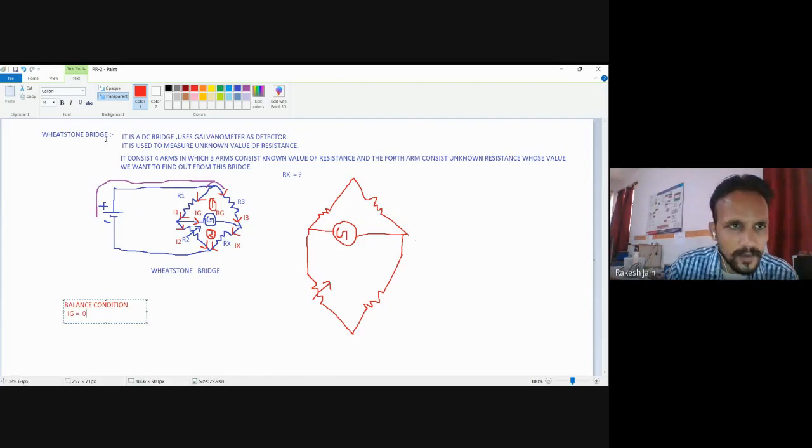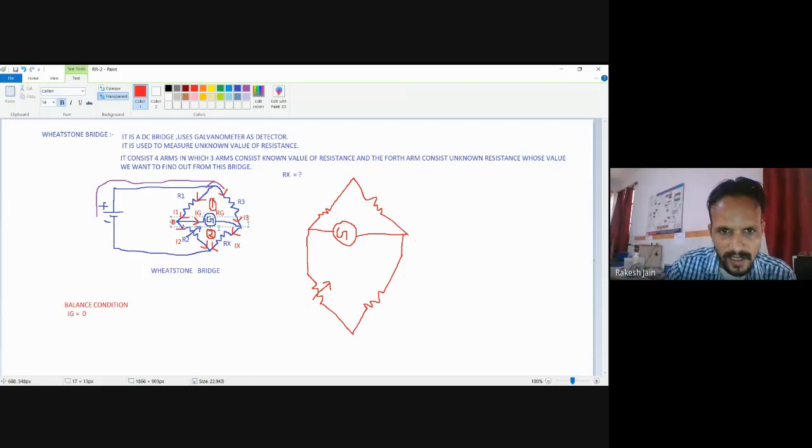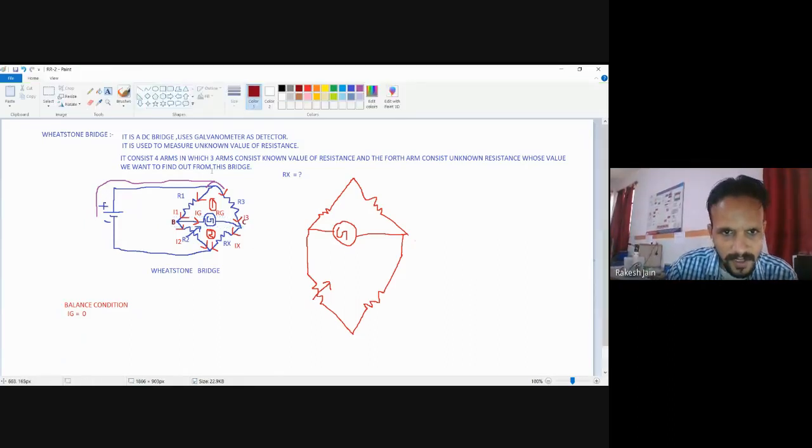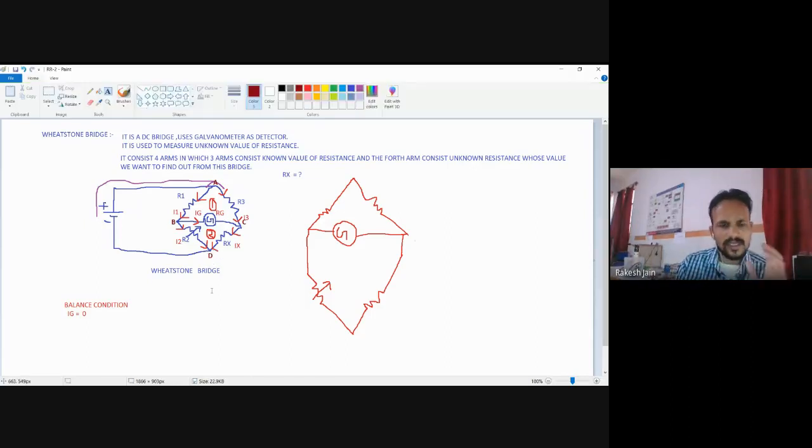Let's suppose I just put the names of these terminals. Let this terminal be B, this terminal my C, this upper terminal my A, and this lower terminal D. So what is the balance condition?